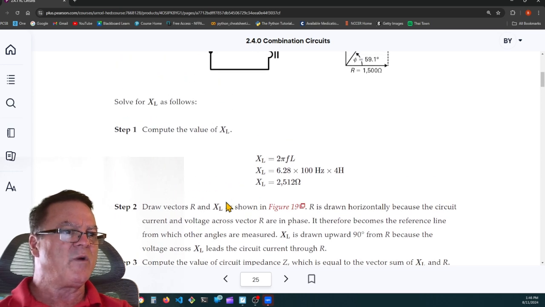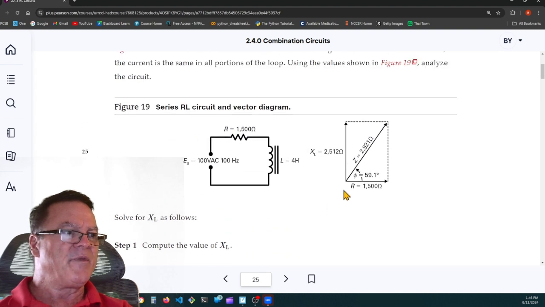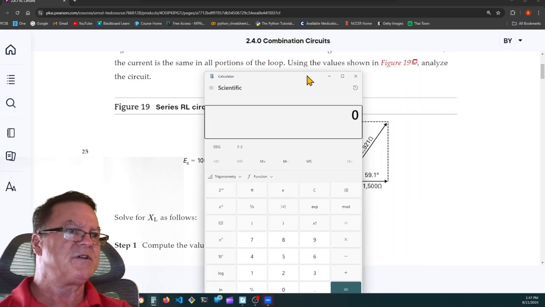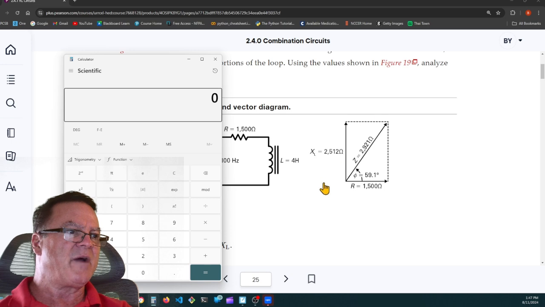We could have done it way back here where we had 1500 and 2512. We could figure out what this says. Actually, the cosine would be 1500 divided by 2921. That's adjacent over hypotenuse. So we use adjacent divided by hypotenuse.